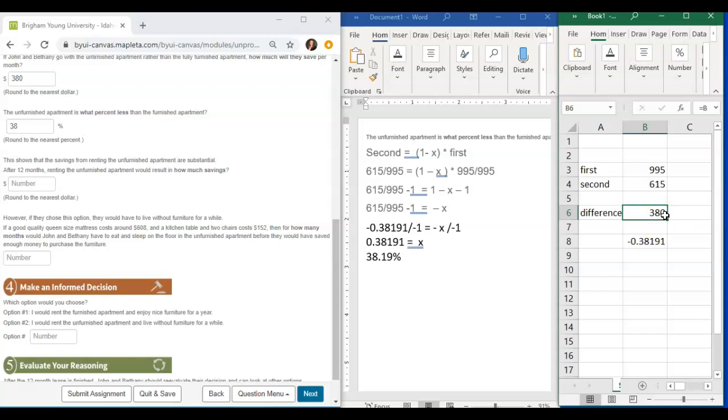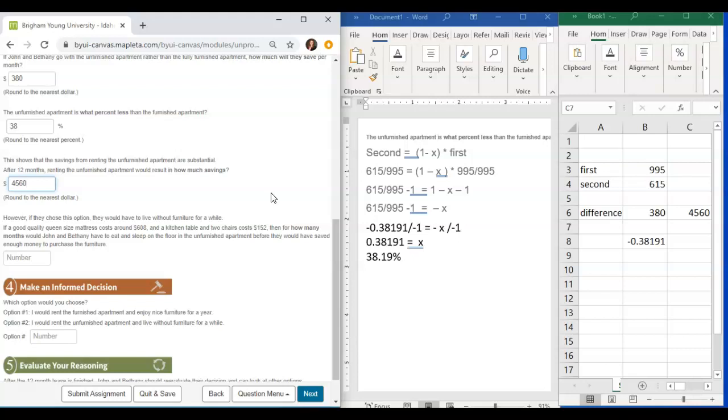To find out how much we will save for the entire year, we take this and times it by 12 because there are 12 months in a year. So I'm going to press equals and cell reference the difference times 12 and press enter. This saves me $4,560 for the entire year. And we want it rounded to the nearest dollar, 4560, and it looks good.